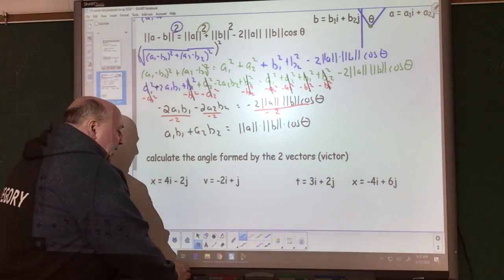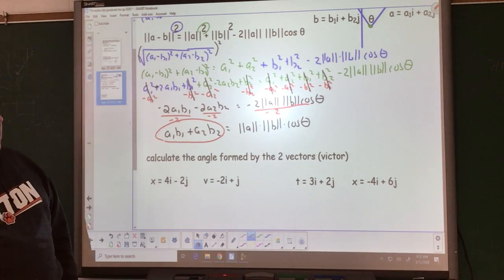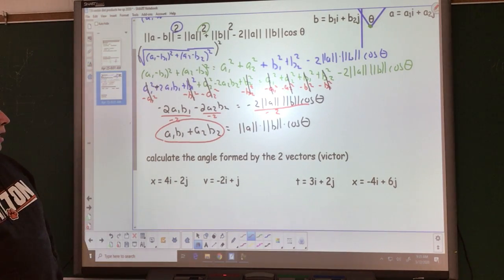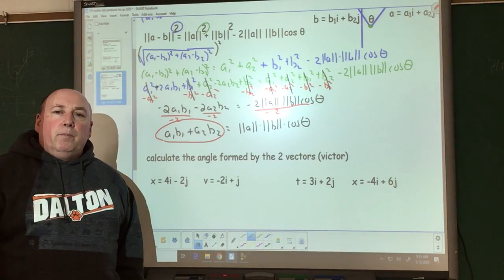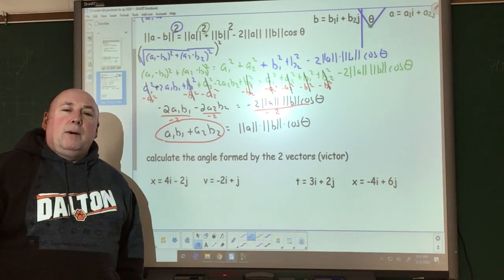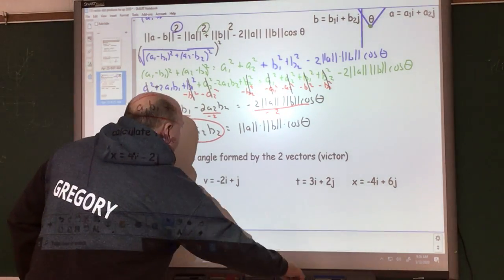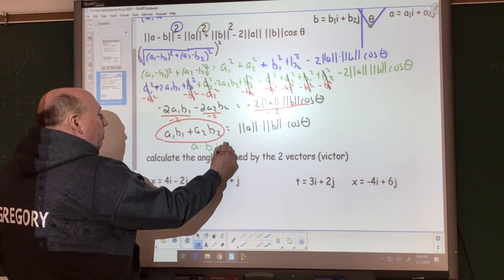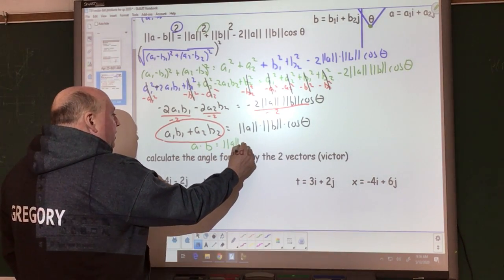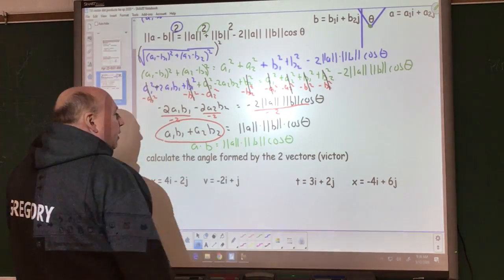Well, one last thing to take a look at is this right here: A1 B1 plus A2 B2. What is this equal to? Well, what we talked about yesterday, this is just our dot product. So we have A dot B is equal to the magnitude of A times the magnitude of B cosine of theta.